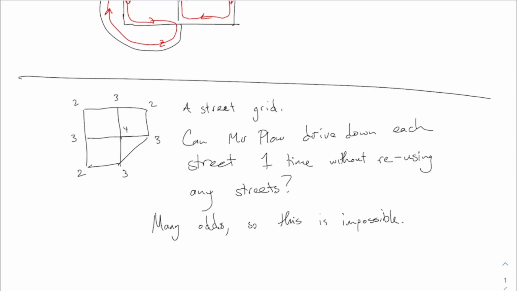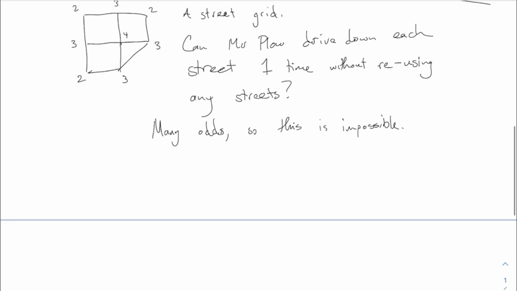Does that count as a realistic example? I don't know. The real plow guy does not just go once over every street, I don't think. Anyway, here's a little variation. Let's say Mr. Plow's lady friend, Ms. Road, she builds roads. And Ms. Road wants to help Mr. Plow realize his dreams. Is it possible to build another road somewhere on the diagram to make Mr. Plow's day? Ms. Road wants to build a new road somewhere.